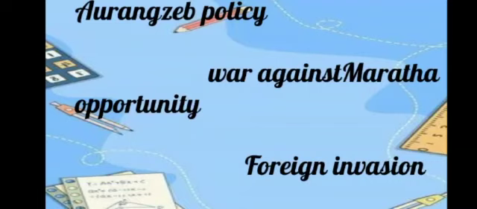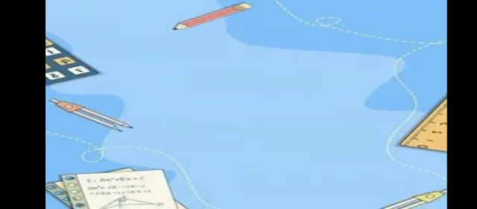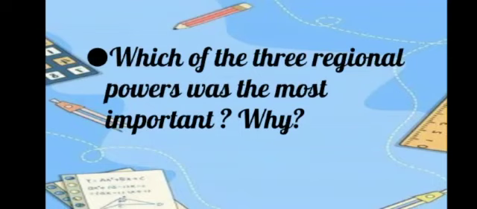The Marathas were led by the powerful Peshwas who maintained a strong army and economy. When foreign invaders like Nadir Shah and Ahmad Shah Abdali attacked the Mughal Empire, the Sikhs took this opportunity to capture Punjab and Jammu.